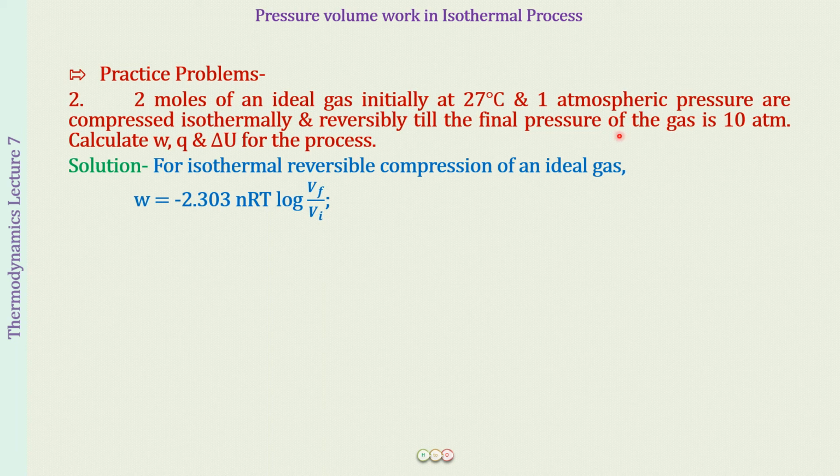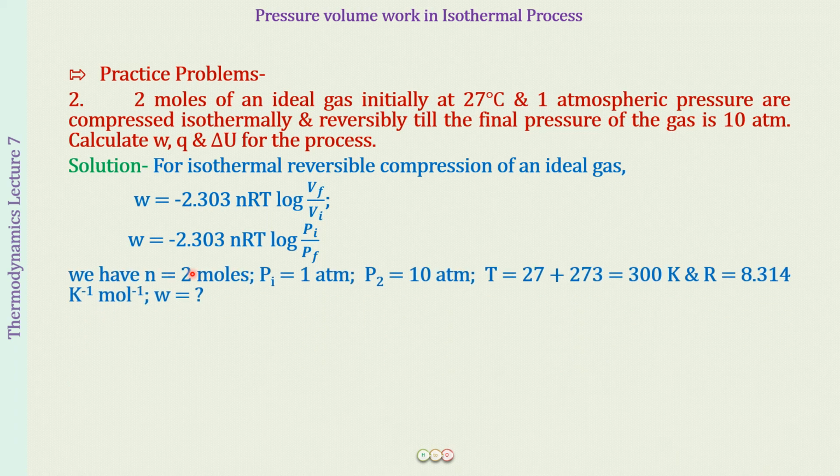And we know that at the same temperature for the same amount of gas, P1 V1 is equal to P2 V2. So here we can change the value of Vf over Vi to Pi over Pf, as we have already discussed in the lecture. So the work done is going to be equal to minus 2.303 nRT log Pi over Pf.